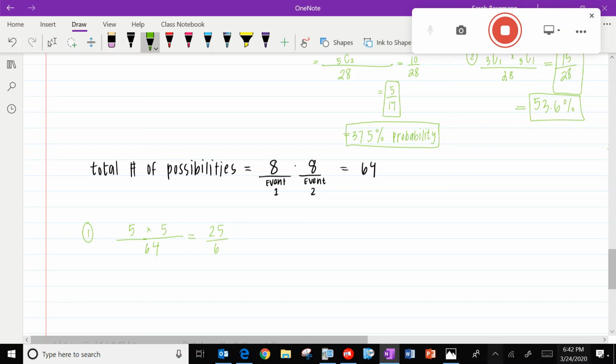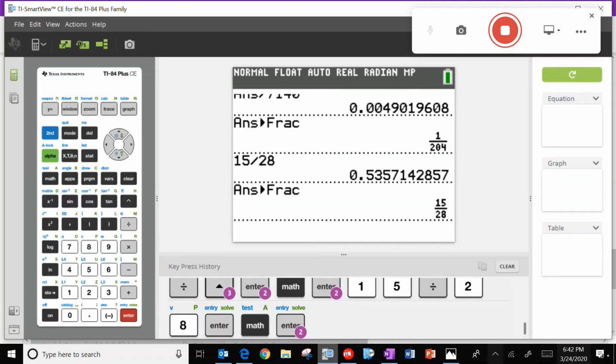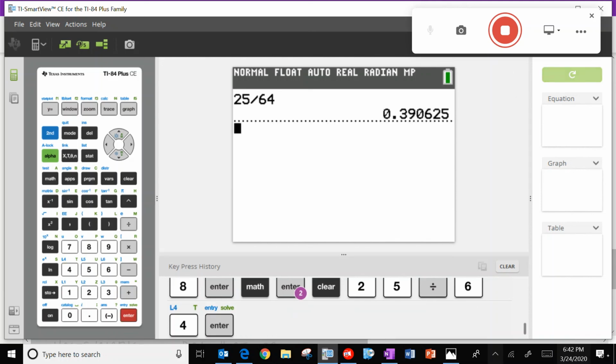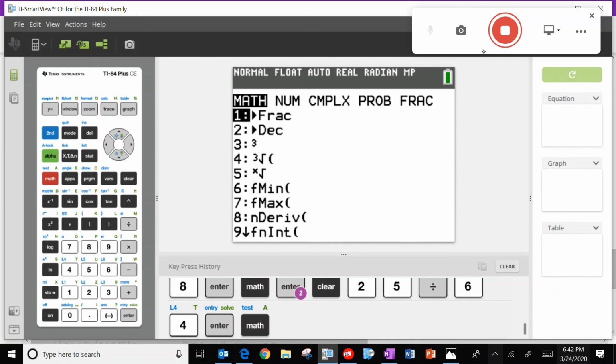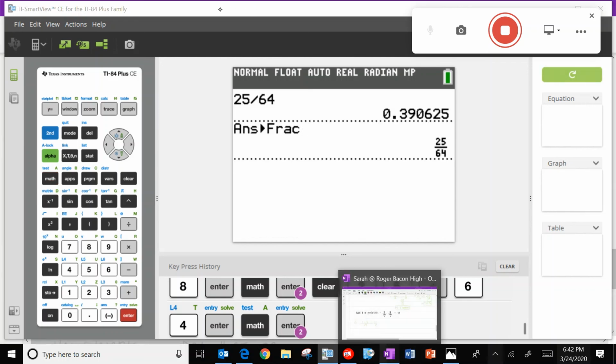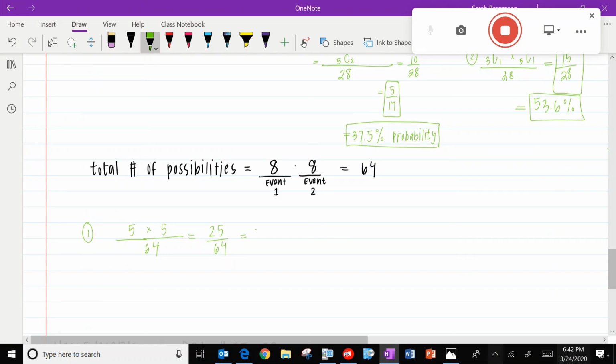So that's 25 over 64. That is 0.39, so 39%. And it does not reduce. So you have a 39% probability of choosing a blue marble, putting it back, and then choosing another blue marble.